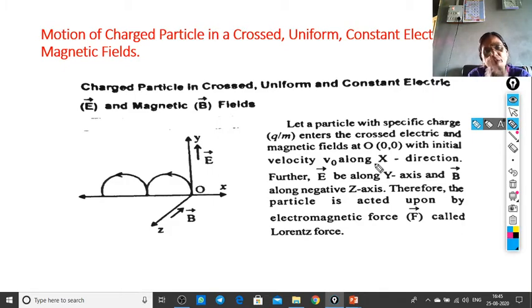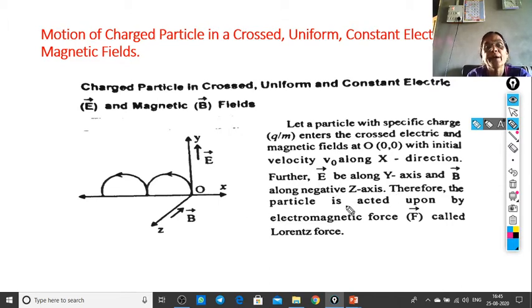I explained the specific charge concept in detail in the previous article. As you remember, it is the same situation as in the two previous articles: E bar is along the y-axis and B bar is along the negative z direction. Those were two different situations in two articles; now it is the combined situation.